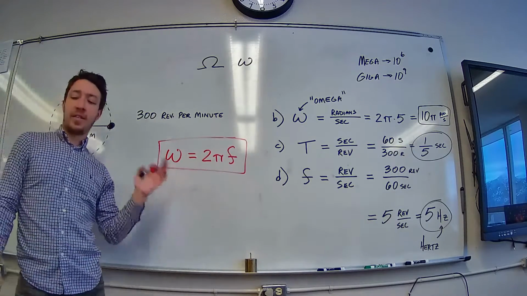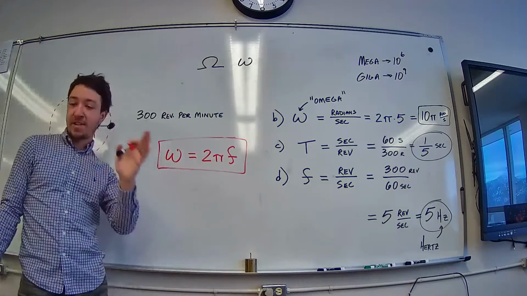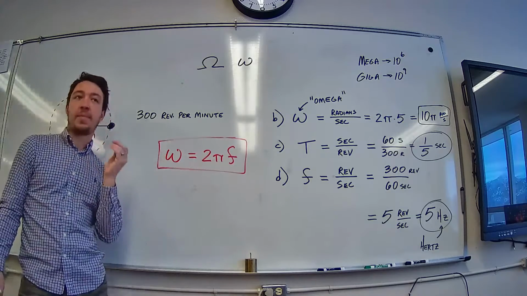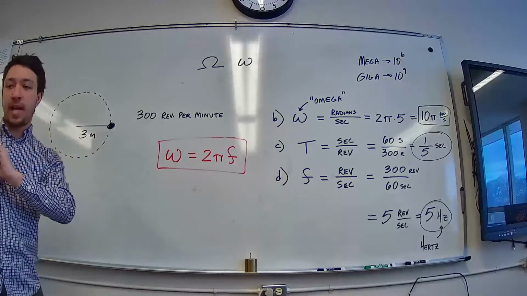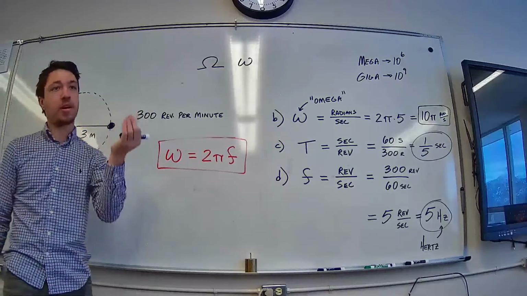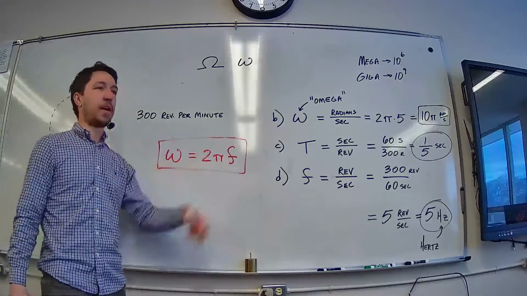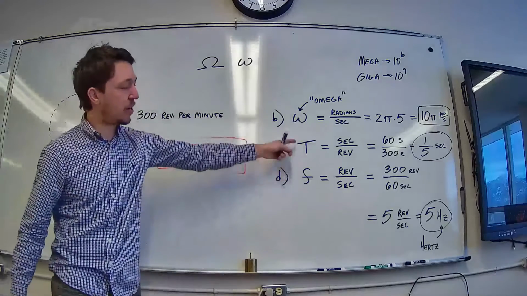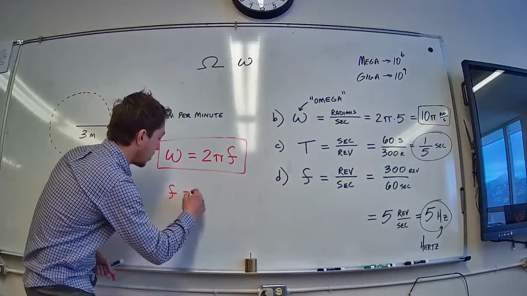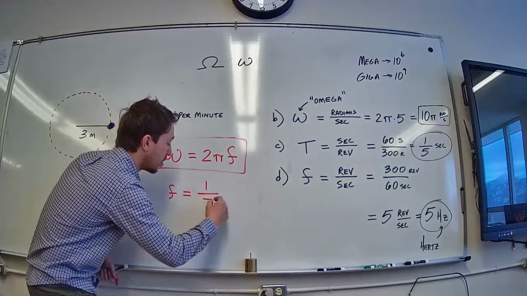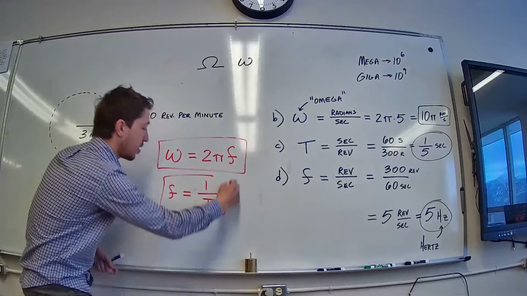This unit that we're doing is a good one for you studiers out there. It would be a good one to make a couple note cards for, because everything's going to be 10 times easier if you can quickly recall that omega is 2 pi f. And what about the relationship here? The frequency is the reciprocal of the period, right?